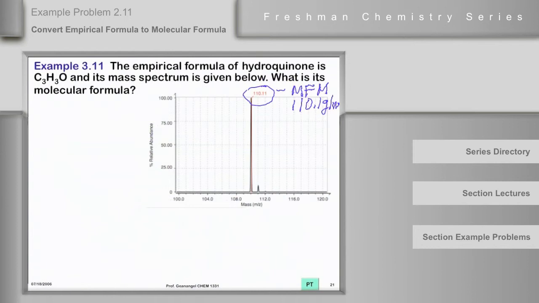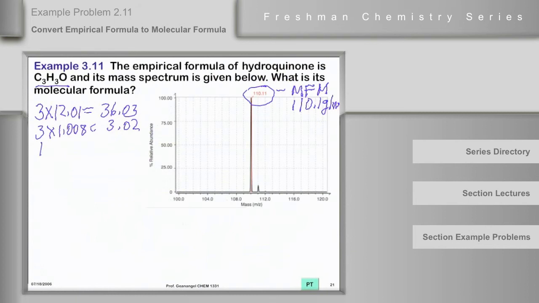Now, we can determine the empirical formula mass from the empirical formula in the usual way. In this case, we have 3 carbons, so 3 times 12.01 equals 36.03. And then we have 3 hydrogens, 3 times 1.008 is equal to 3.02.